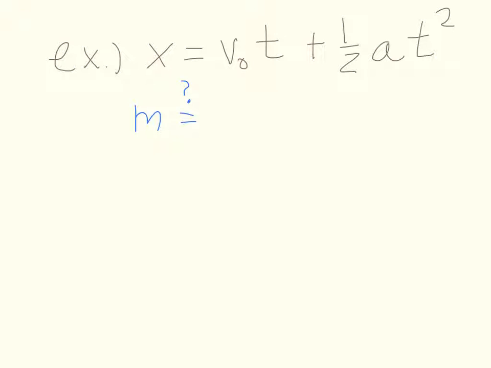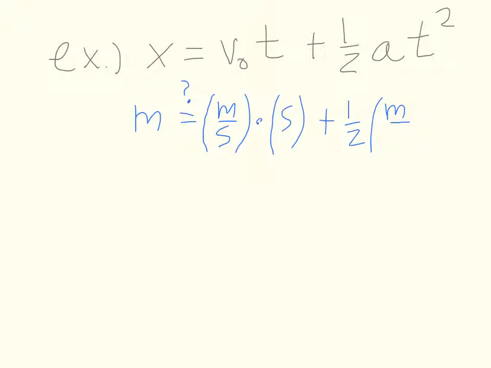So on the right-hand side, I'm going to start plugging in units for each of my quantities, starting with that V0, which is initial velocity. The units for velocity are meters per second. And we are multiplying that by the unit for time, which is seconds. All right, and to that we are adding 1/2 multiplied by the units of acceleration, which are meters over seconds squared.